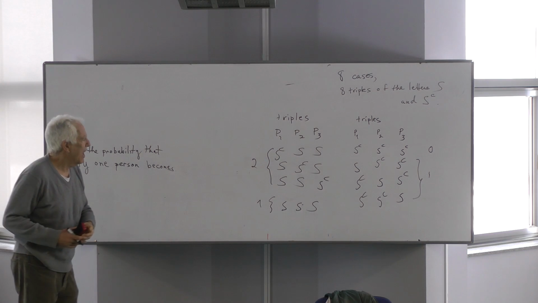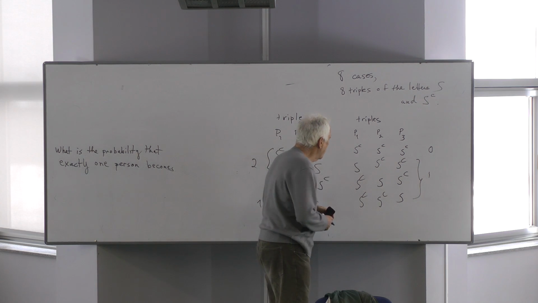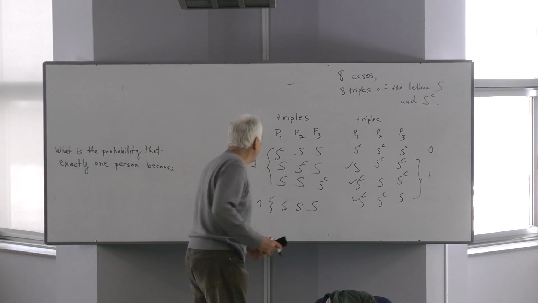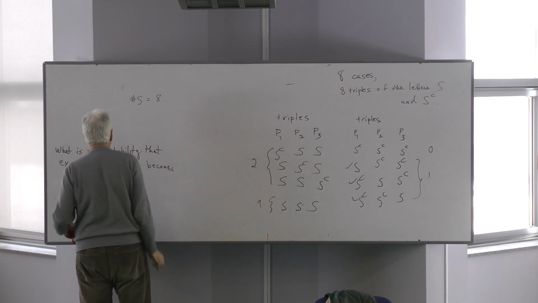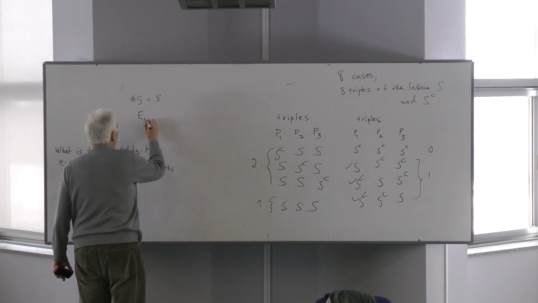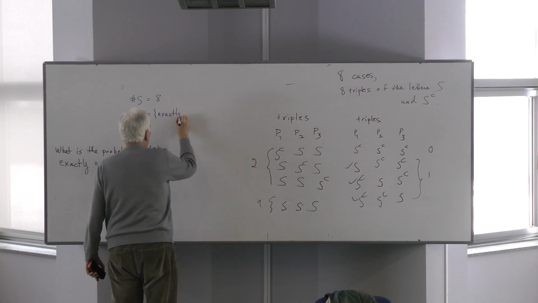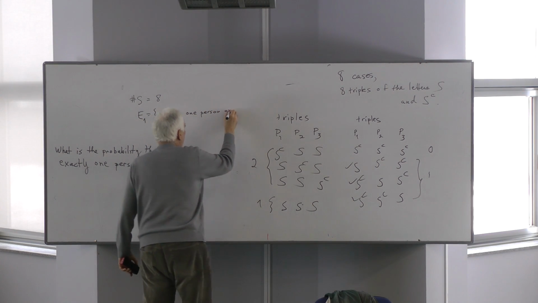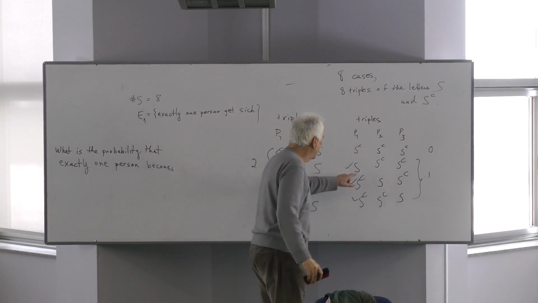Where is that? One person becomes sick. Here it is. How many are there? 1, 2, 3 of such cases. Altogether, the sample space S has eight elements. Now, this event, let's call it E1, exactly one person gets sick.